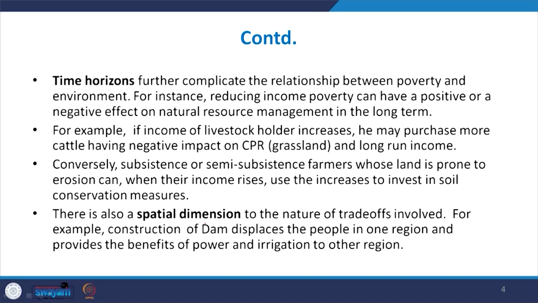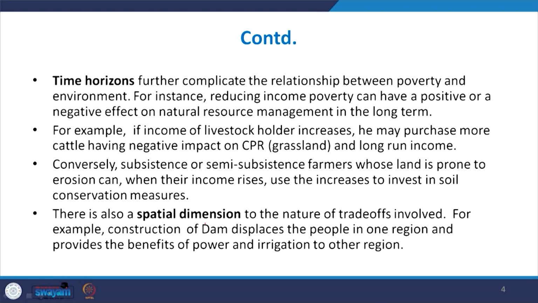So, I can tell you that if the income poverty reduces, those households whose income poverty is reduced, they may make more investment in those activities which may degrade the environment, given an example of cattle holders.